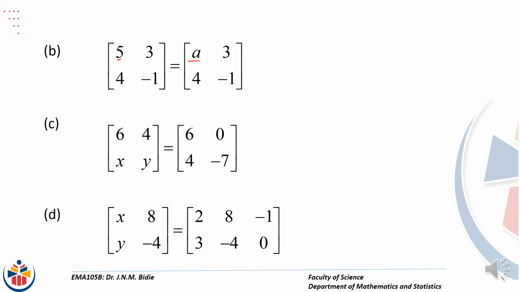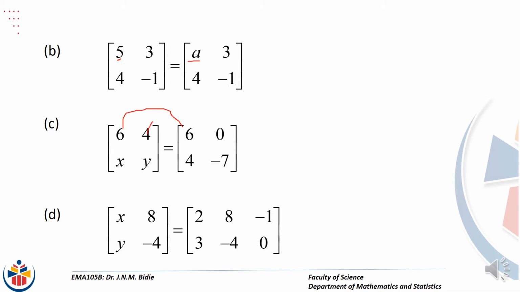Let's go to C. First condition is met, equal sizes. But then guess what? We cannot equate these two or solve for x and y. Reason? Yes, 6 and 6, same position, they're equal.